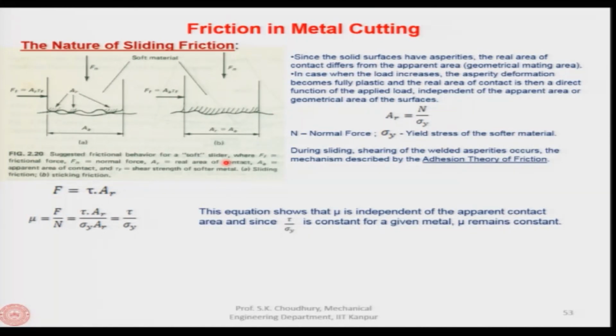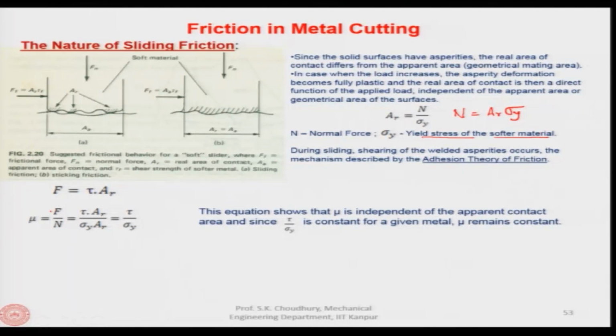Now, mu, which is the coefficient of friction, we have seen earlier, is the friction force upon normal force. The friction force is given as tau into A r, and the normal force, as I said, is A r into sigma y, where sigma y is the yield stress of the softer material.